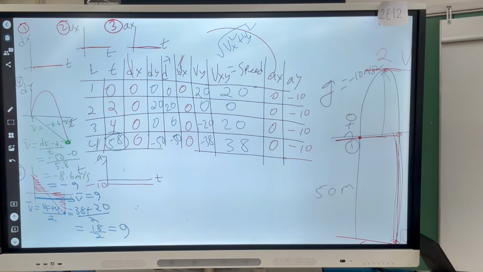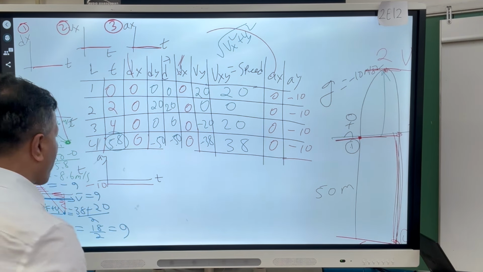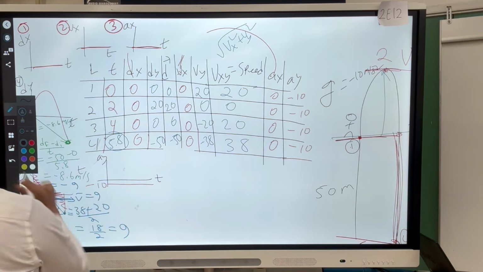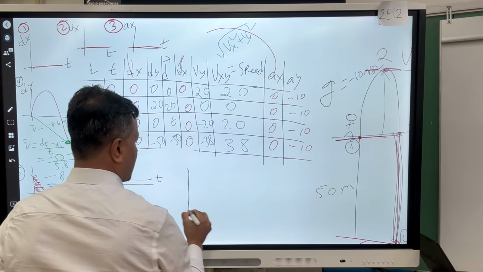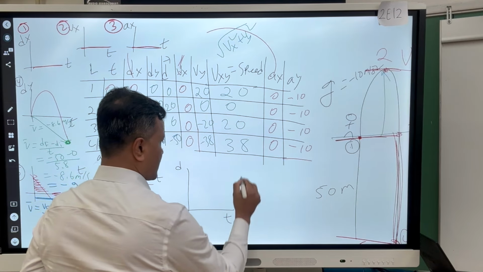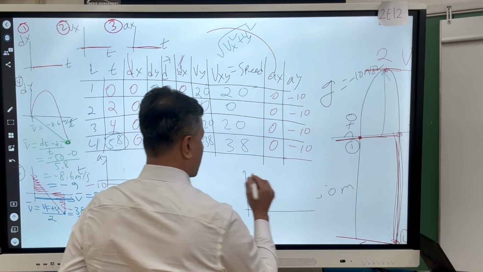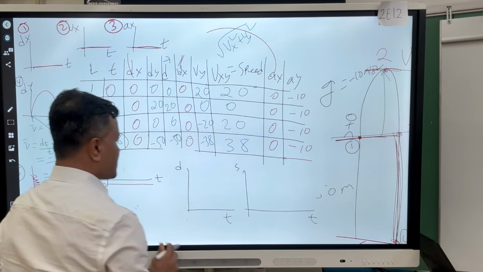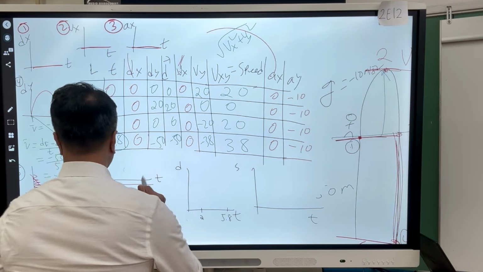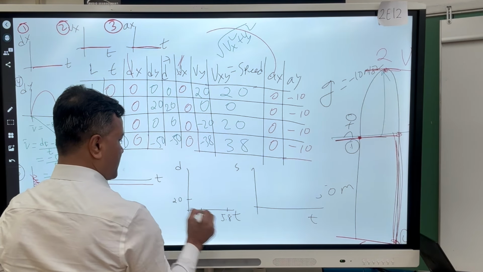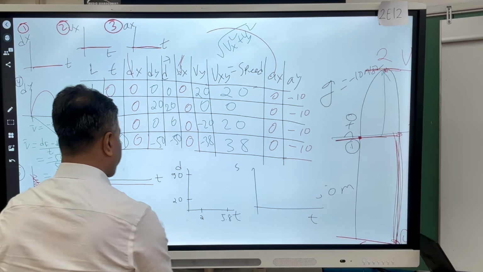Okay, now let's do distance versus time and speed versus time. This is the distance versus time. Speed versus time. At 2 seconds it is 20. At 5.8 seconds it is 90.